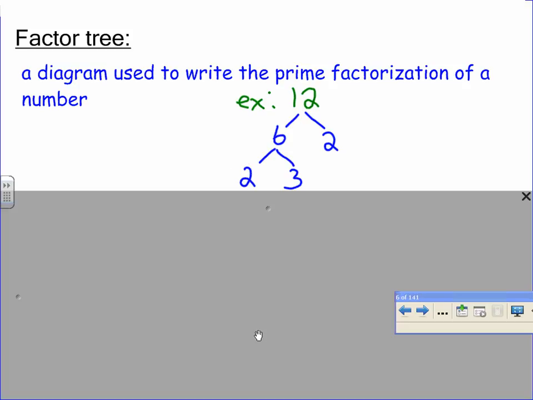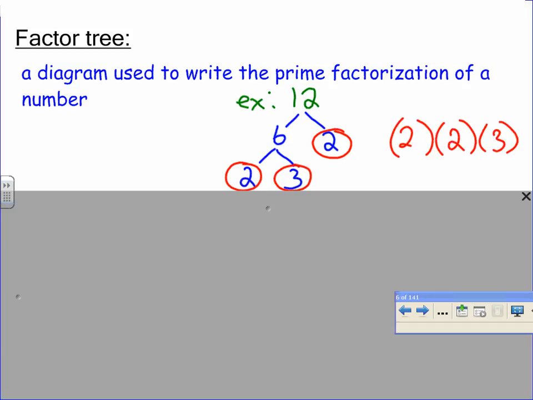So at this point, circle everything that's prime, or when you get to it, circle what's prime. It's up to you if you want to do it right away. I typically wait till the end. Once you have all your prime numbers, we write them as a product. So 2 times 2 times 3, which, as Charles mentioned, it's better to write as 2 squared times 3. So we're writing 12 as prime factorization.